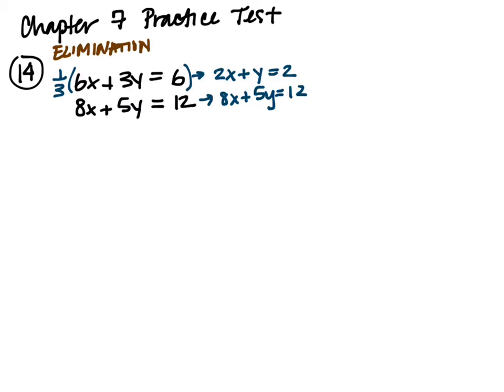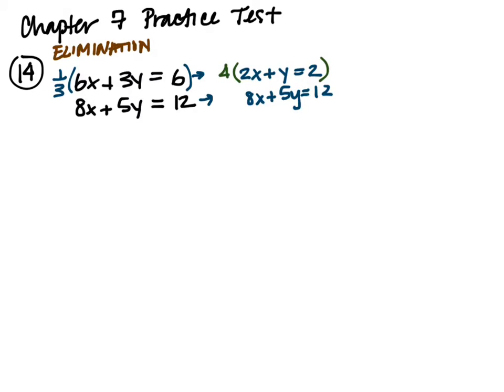So perhaps I want to multiply this equation here by, let's see, we eliminated the y's last time. We can eliminate the x's by multiplying by the number of -4. So let me give myself a little bit of extra space. I just shifted that over to give myself a little extra space.